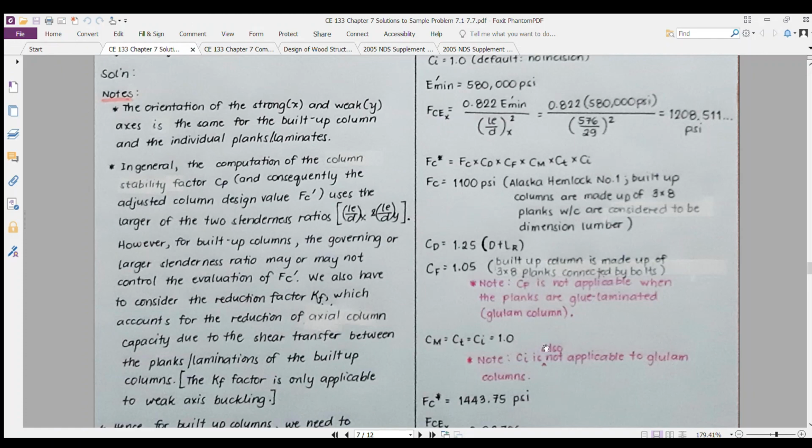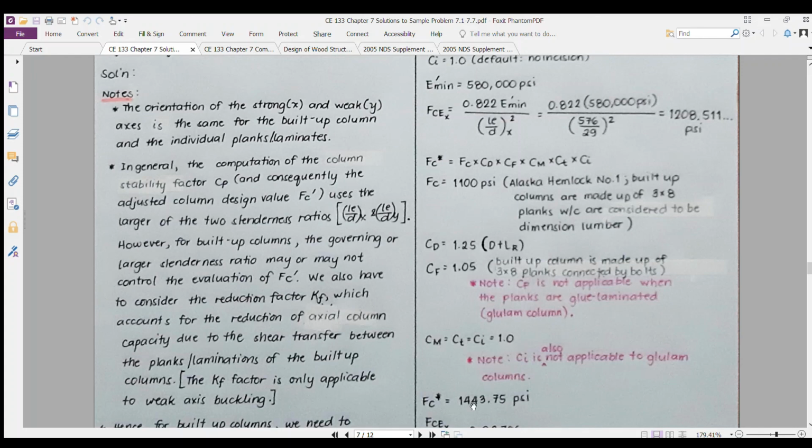So as you can see here, since C sub I, we ignore it because we have no details regarding incision. However, in the case that the built-up columns is composed of the glue laminated columns, so C sub I will not apply. The factor C sub I and the factor C sub F will not apply.